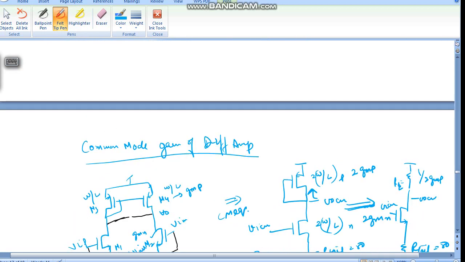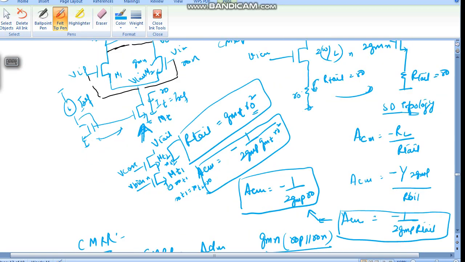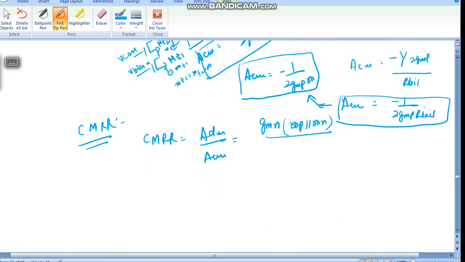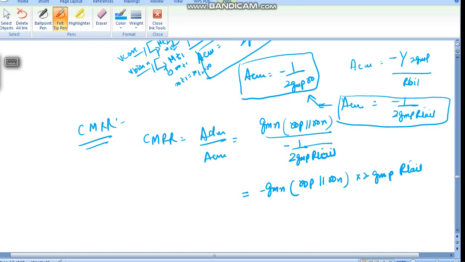ROP is the output resistance for this, RON is the output resistance for this. So this is the differential gain, divided by minus 1 by 2 GMP into R tail. So this will be GMN times ROP parallel RON into 2 GMP R tail.